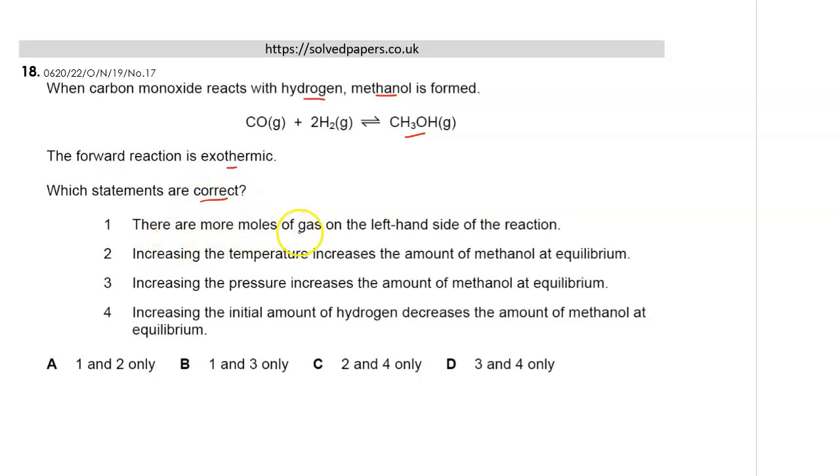There are more moles of gas on the left-hand side of the reaction. Carbon monoxide is a gas, hydrogen is a gas, methanol is a gas. So how many moles do we have? For carbon monoxide, 1. We have 2 moles of hydrogen, and we have only 1 mole of methanol.